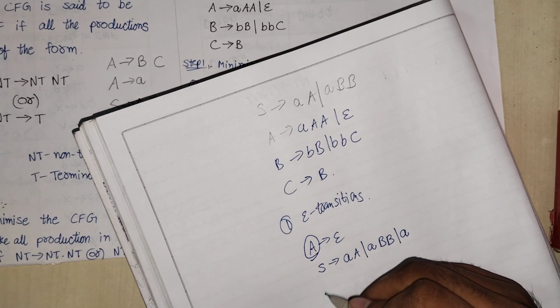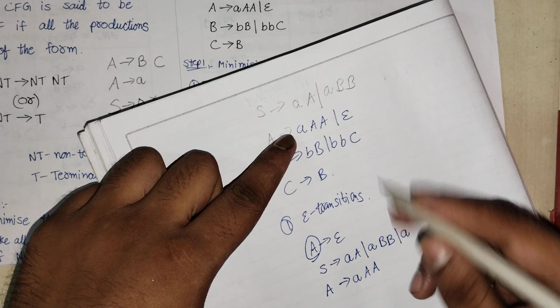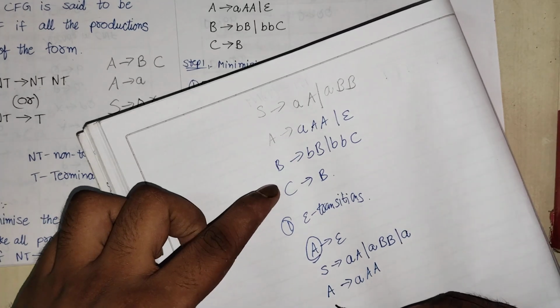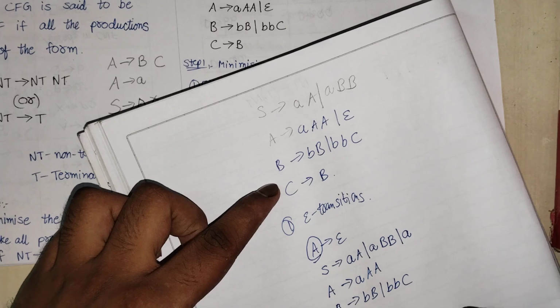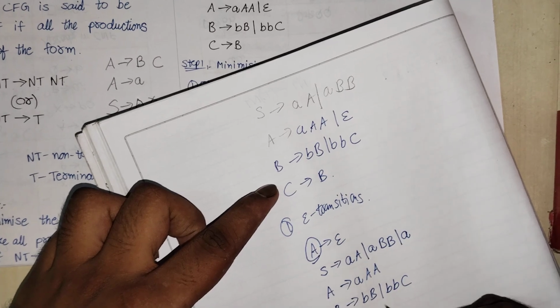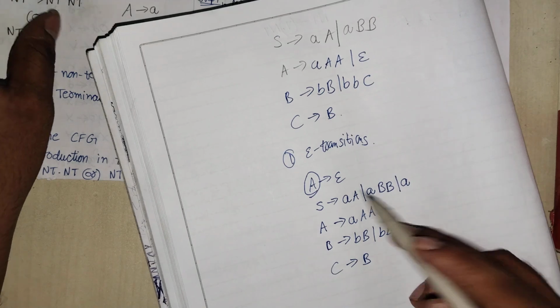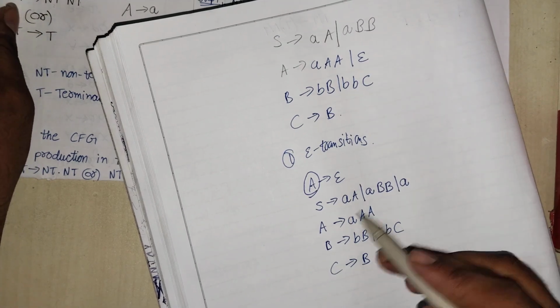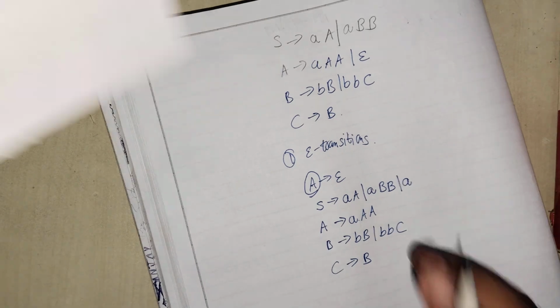And A tends to, write the existing things as they are, and epsilon is eliminated, so neglect that. And B tends to B, capital B, B, C. Since there is no A occurring here, there is no epsilon transition further, so epsilon transitions are eliminated. See, there is no epsilon in these productions.